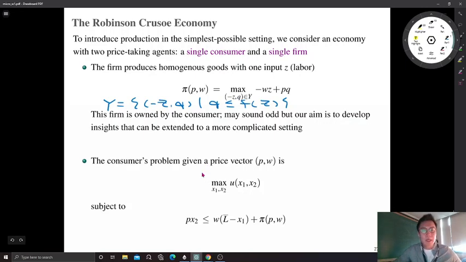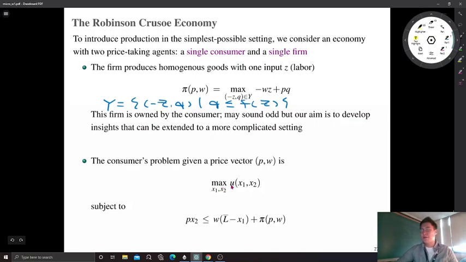All right, so now we have described the firm's problem. Now going to the consumer's problem. Given price vector p comma w, the consumer wants to choose one bundle, x1 and x2, that maximizes his own utility. So the utility function of x1 and x2 should be maximized given one constraint, all right? Here x1 stands for leisure, okay?